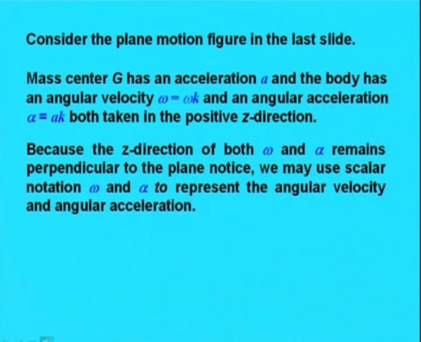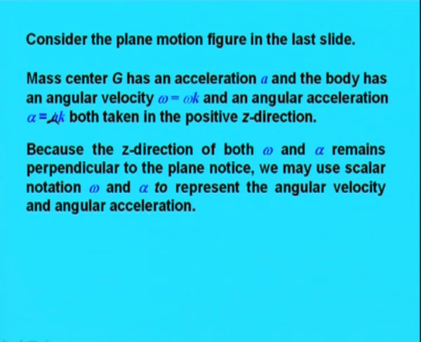Let us say the mass center G has an acceleration a, and the body has angular velocity omega equal to omega k and angular acceleration alpha equal to alpha k, both taken in the positive z direction.